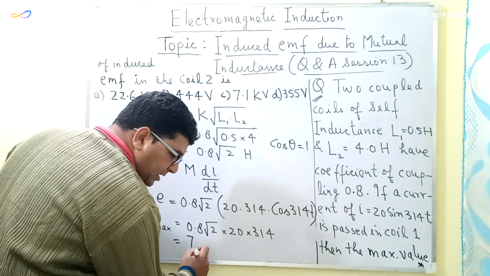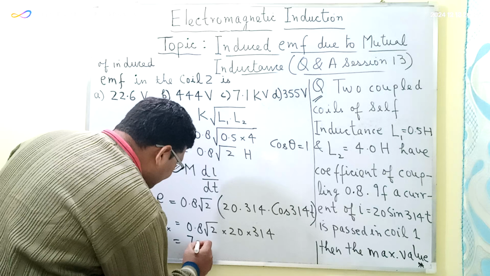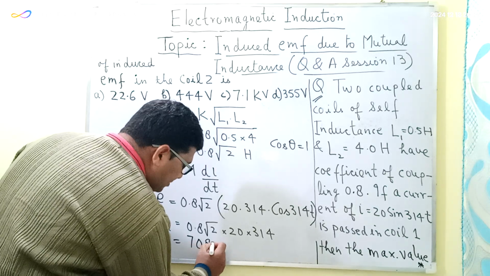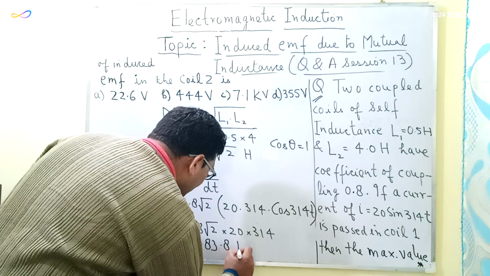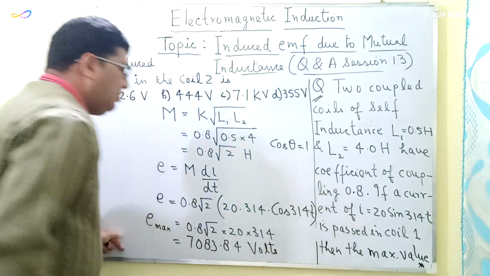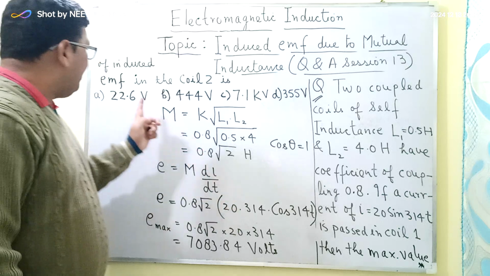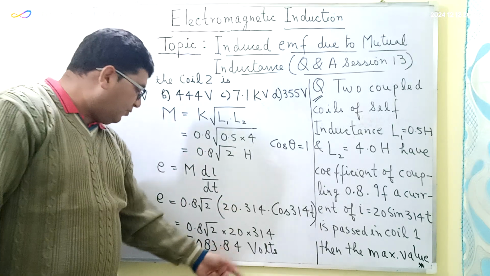This is approximately equal to 7083.84 volts. So the maximum value of the induced EMF in coil number 2 is equal to 7083.84 volts.